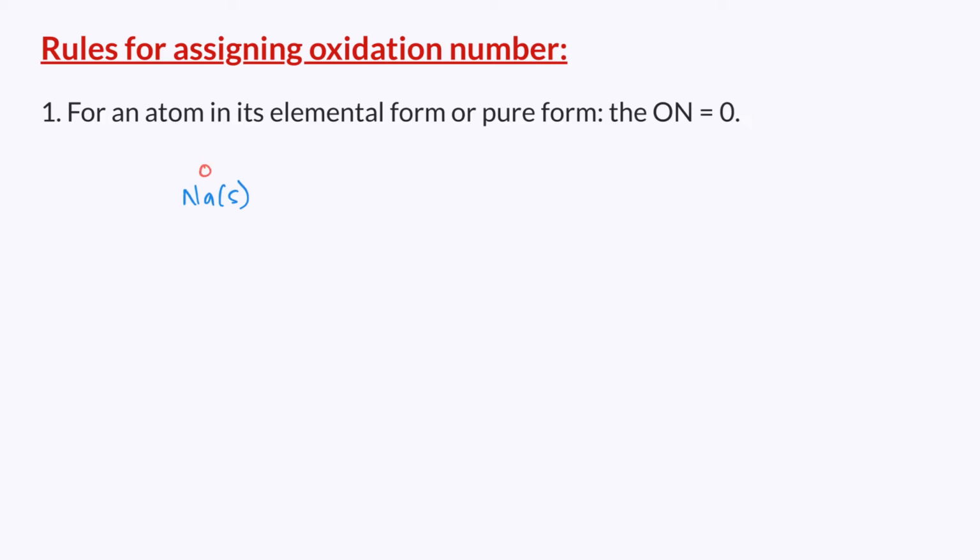And the reason is sodium metal is elemental form of sodium or purest form of sodium. Similarly, if we take oxygen gas, it exists as O2 molecules. The oxidation number of each oxygen atom in this elemental oxygen O2 gas is equal to 0.